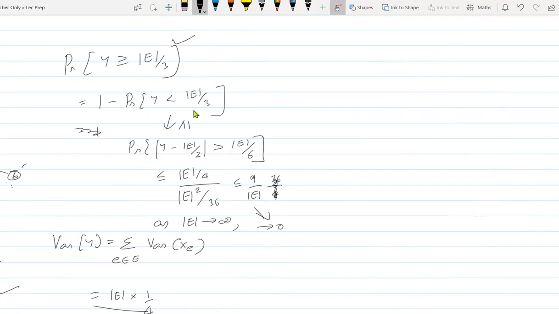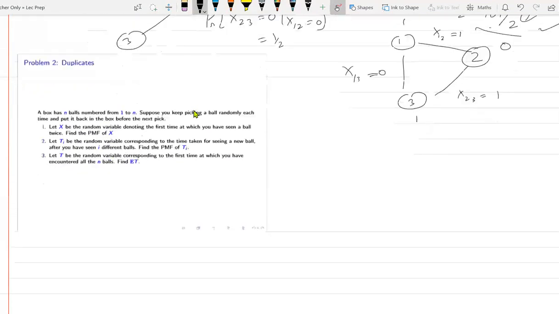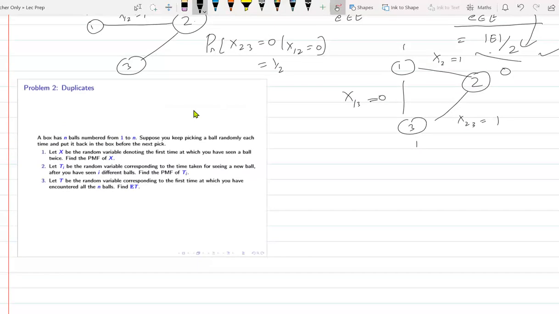So let's try one more problem. It's not a practical problem as such, but it's a very good exercise for your thinking. You have a box with n balls, numbered 1 to n, so they are distinguishable balls. Now you pick a ball randomly, look at the number, and then put it back.